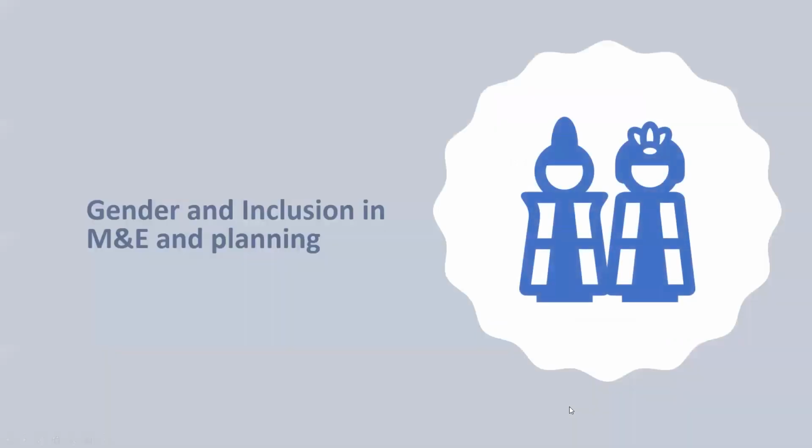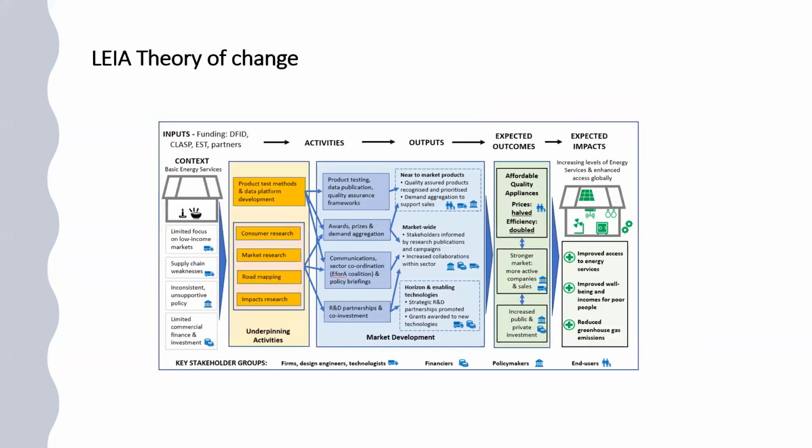I know I have a lot of slides and a lot of information. So Emily, how do we plan for gender and inclusion? So this is our layer theory of change, and I'm just going to quickly, fast as I can, look at it. We got different activities. Outputs is where we start, and then outcomes is what we expect to achieve.